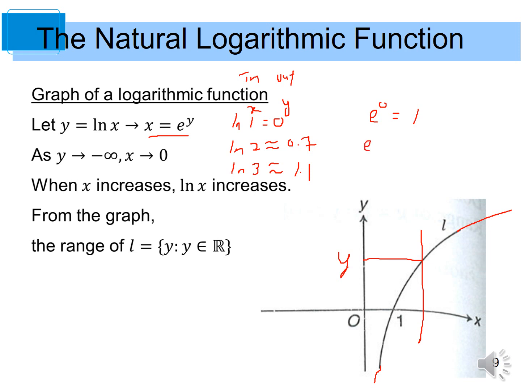Exponent of 0.7 is about 2. Exponent of 1.1 is about 3. Where 0, 0.7, 1.1 are outputs of this natural log function, but they are inputs of the exponential function.